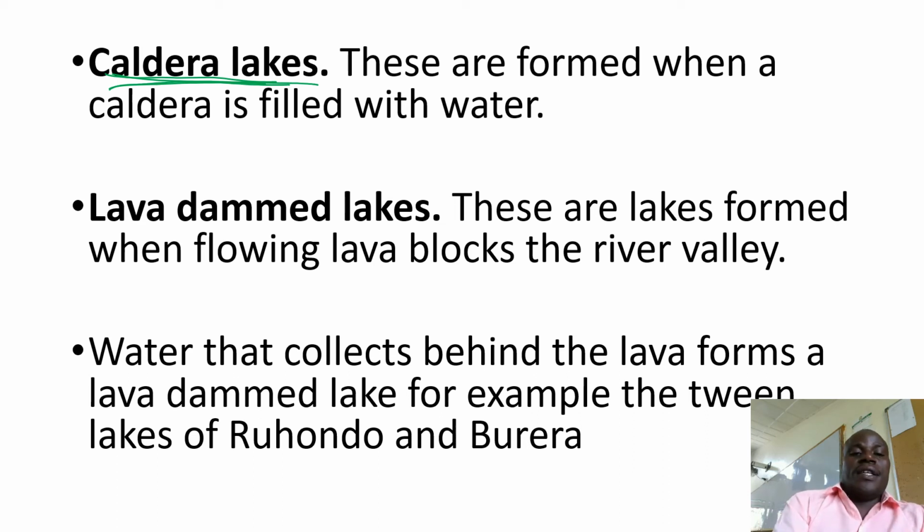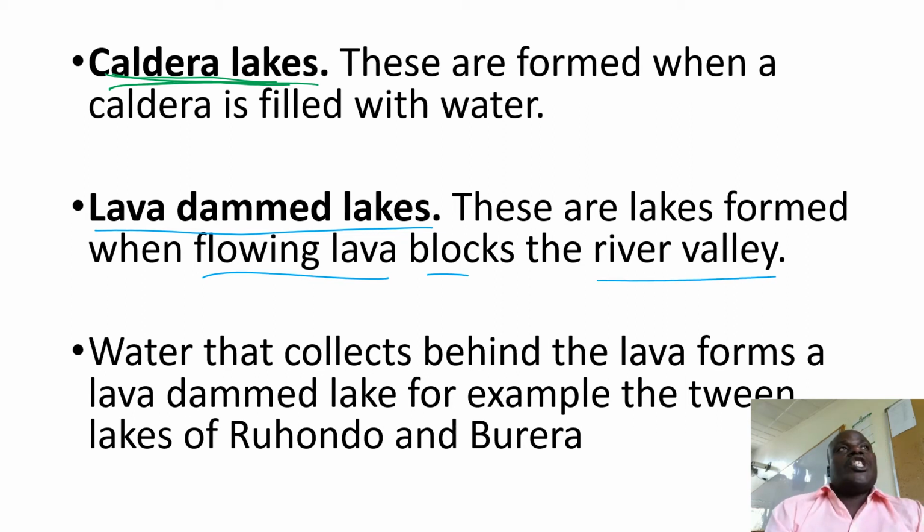We have lava-dammed lakes. These are formed when flowing lava blocks the river channel. The river is flowing at the bottom of a volcano, and lava flows, solidifies, and hardens across the river channel and blocks the water of the river.